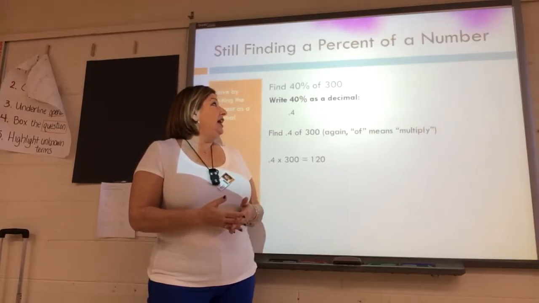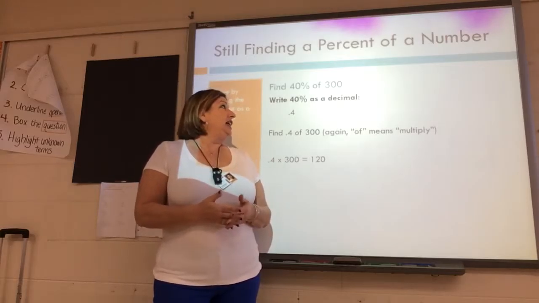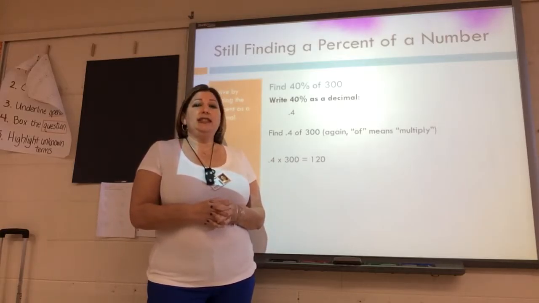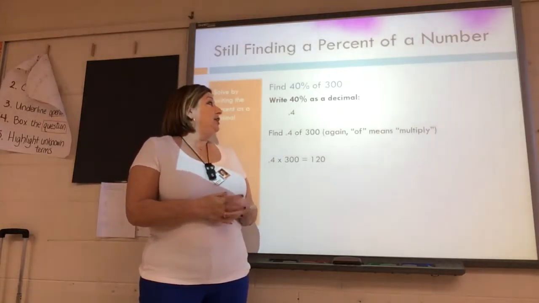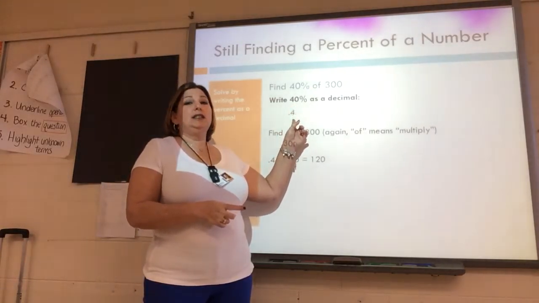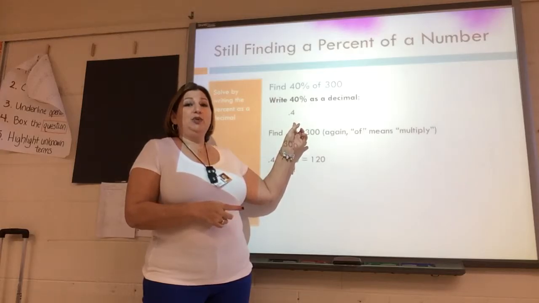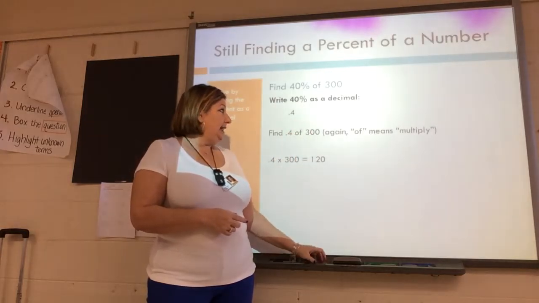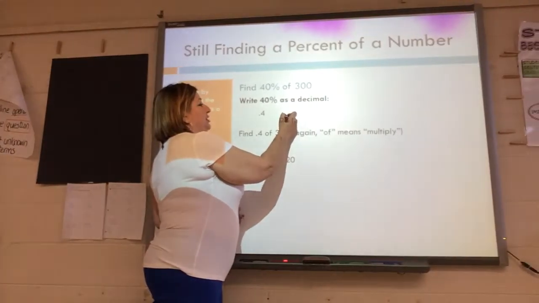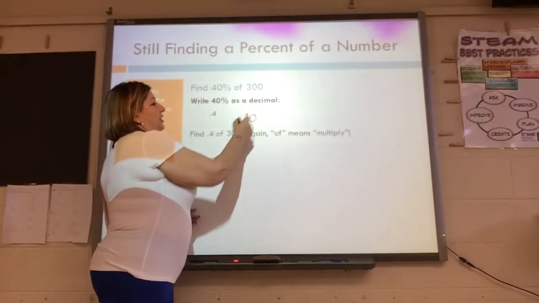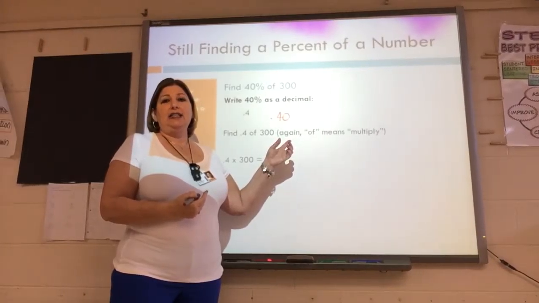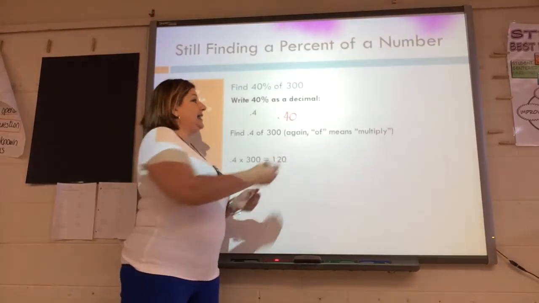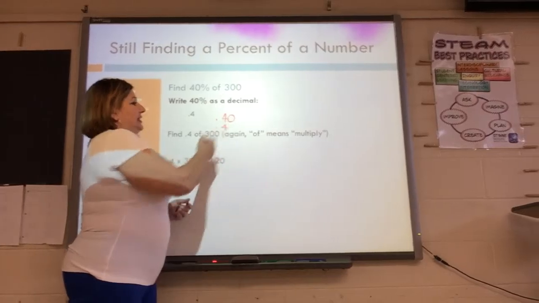If I find 40% of 300 and I want to use the decimal form, I'm going to make 40% with the decimal point and then the 4 in the tenths. Technically, 40% means 40 hundredths, but we all know that a 0 at the end of a decimal number is the same as not having a 0 there.